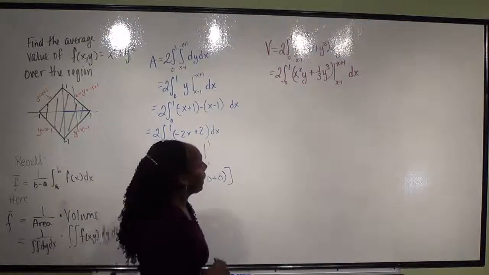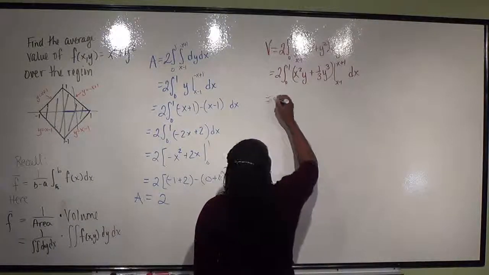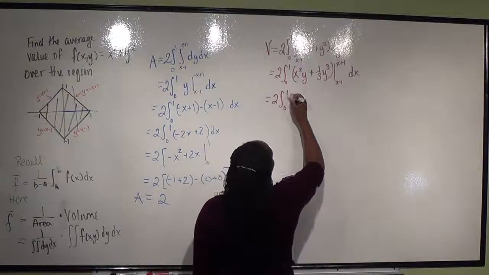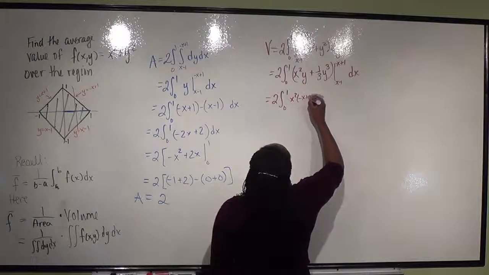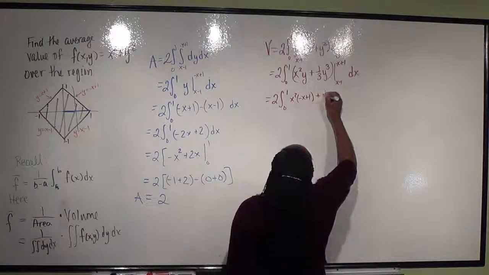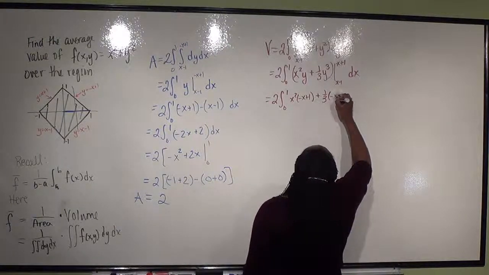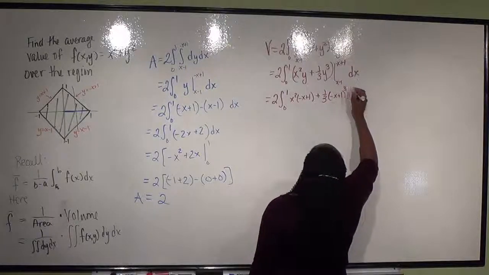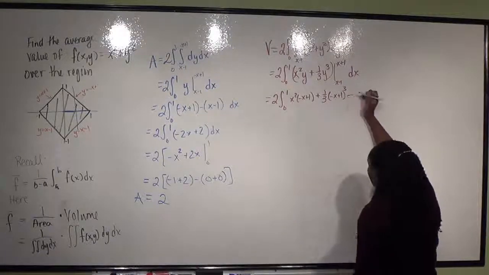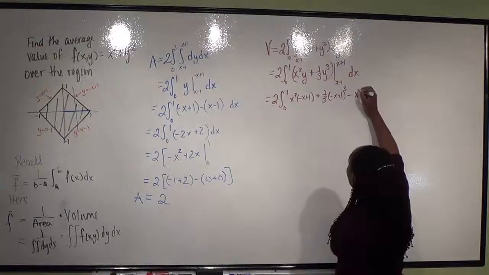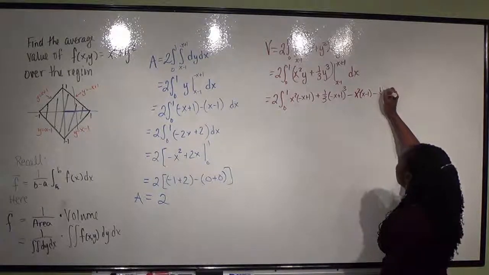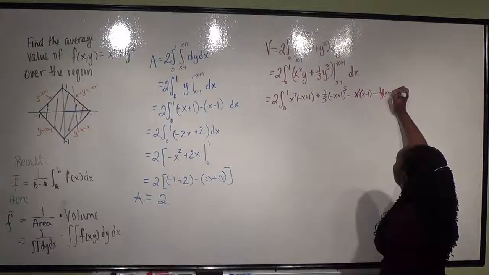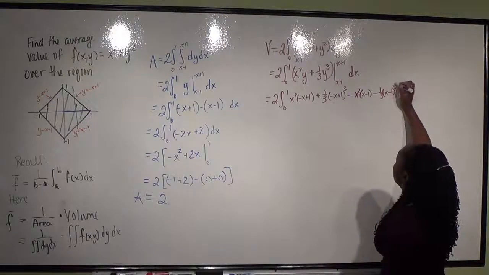Okay, plugging in at my upper limit, I'm going to get x squared times the negative x plus 1 plus 1/3 of that same thing cubed, minus, at the lower limit, we'll get an x squared times an x minus 1 minus a 1/3 of that quantity cubed.